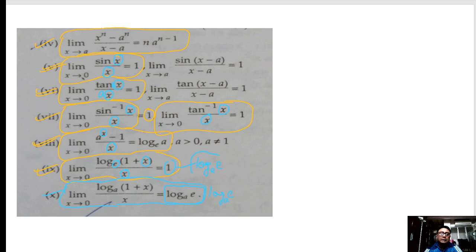Now log e e is 1, and that is why they are using 1, but log a e is not 1. In this way you have to remember.